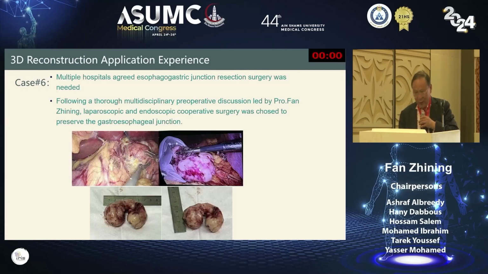This is the laparoscopy and endoscopy operation, the resection of the large glandular leiomyoma, and protect the cardia. Suture the muscle and avoid the diverticulum.